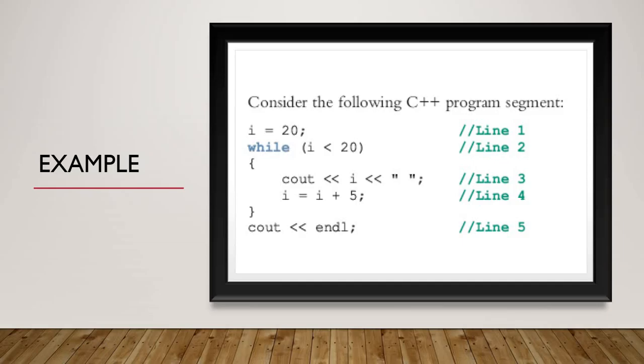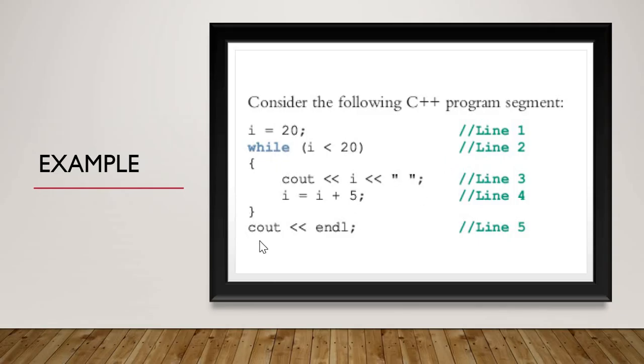Why? Because to enter the while body, the value of I should be less than 20. If the value is 20, the expression I less than 20 will be evaluated to false. When the condition is false, the loop won't be entered.